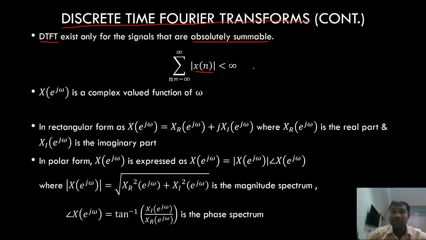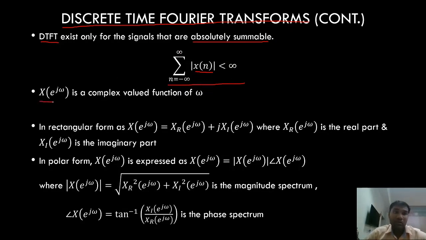That is, it has to converge to some finite value. Right? In case of continuous time Fourier transform, we said the signal must be absolutely integrable. Now, since this is a discrete time Fourier transform, we are saying the signal must be absolutely summable. So this is the condition for existence of discrete time Fourier transform.